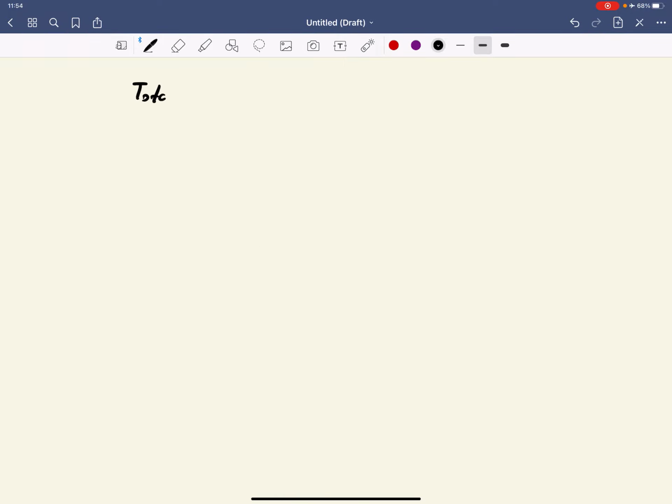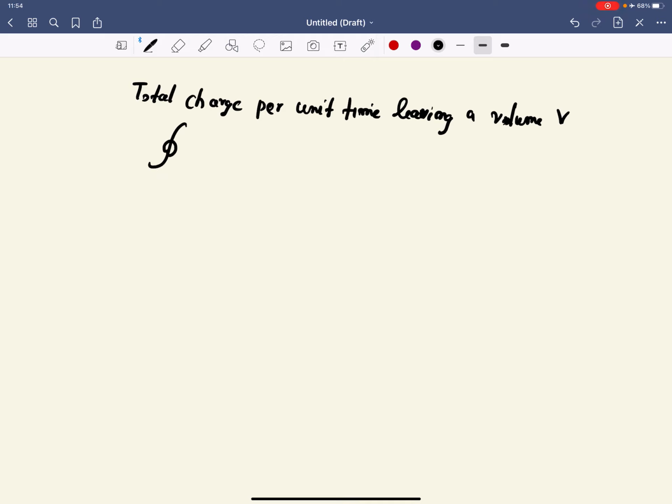This total charge per unit time is nothing but J dot dA over the surface S.